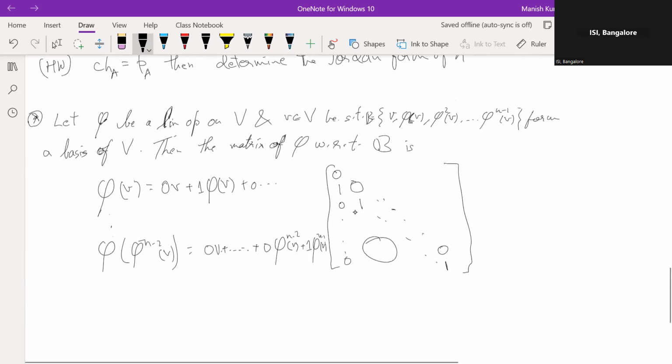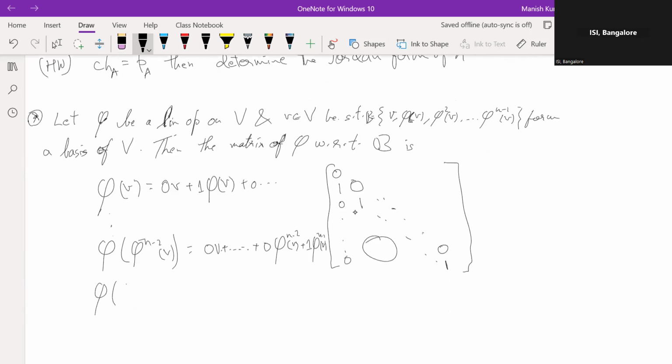But what happens to the last one, phi of phi n minus 1 v? This is phi n v. You don't know what it looks like, right? So it's going to be a linear combination of something.